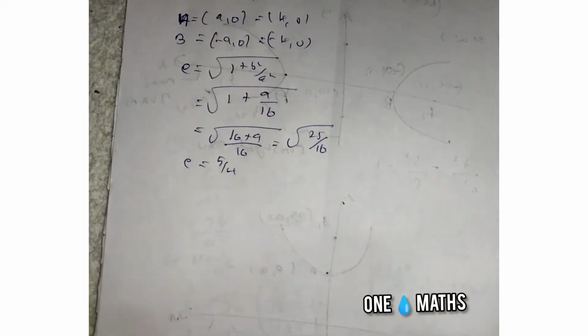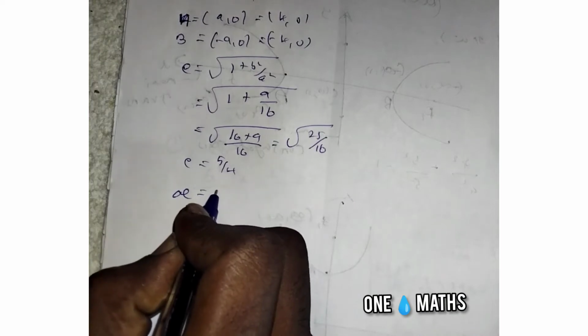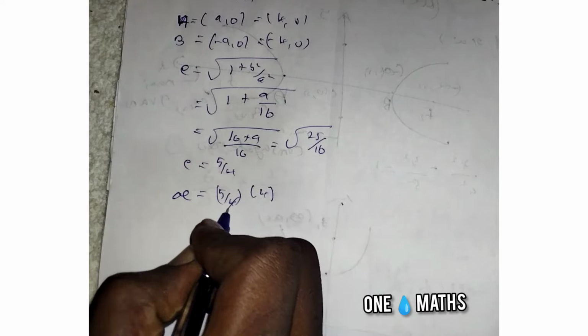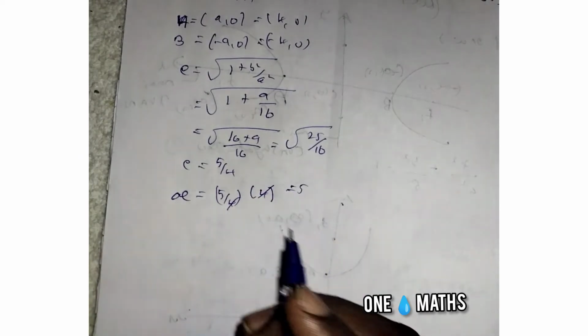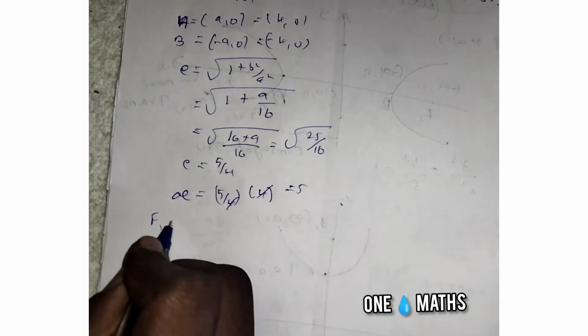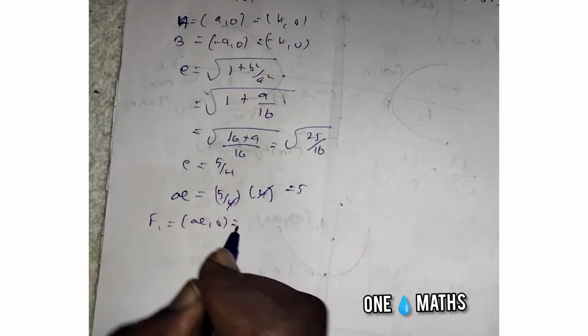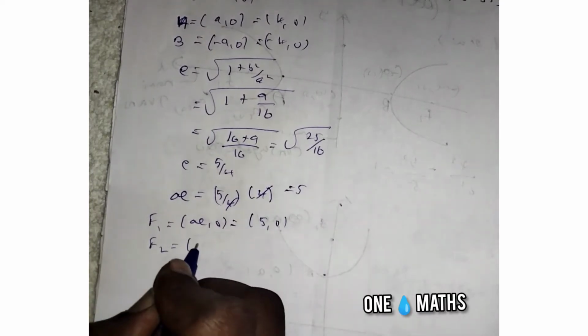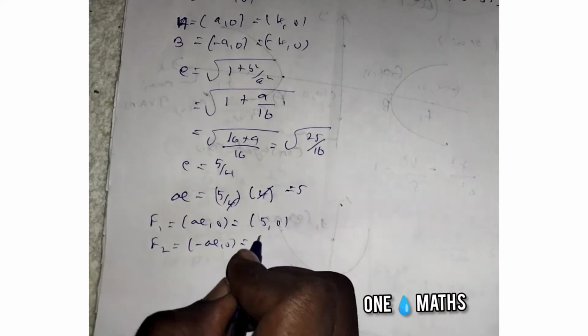Then ae equals 5 by 4 multiplied by 4, so ae is 5. Focus F1 is ae, 0, that becomes 5, 0. Focus F2 is minus ae, 0, so minus 5, 0.